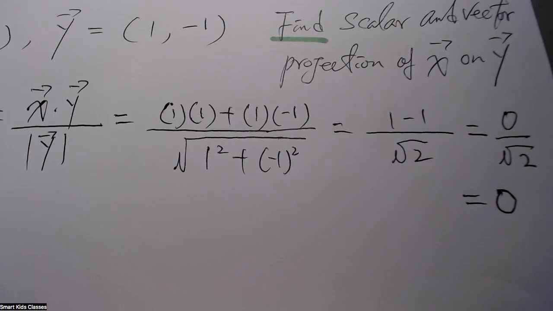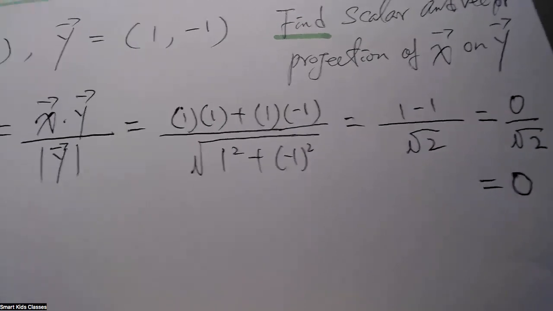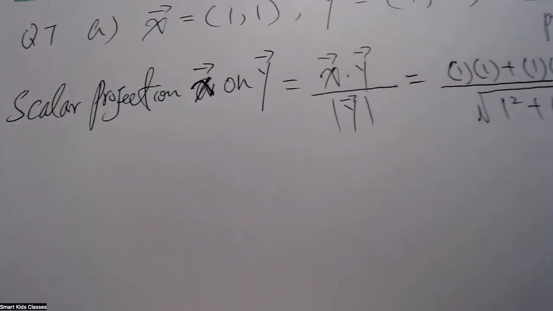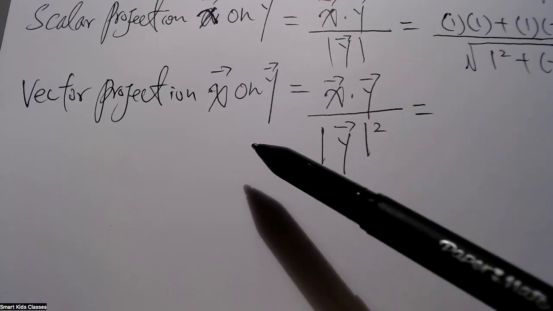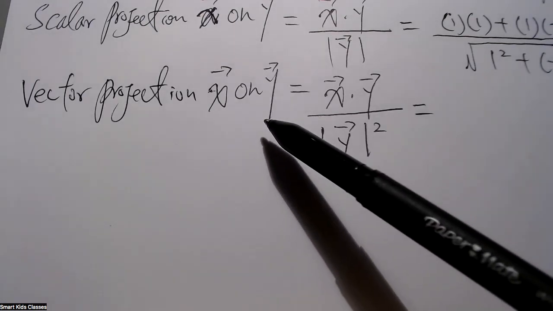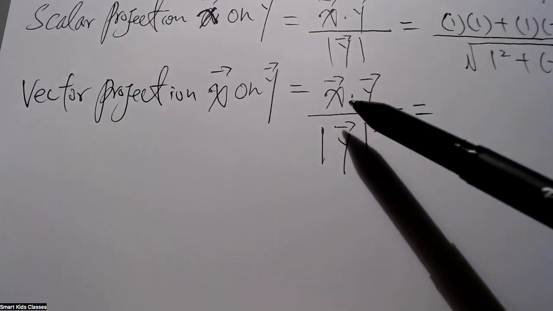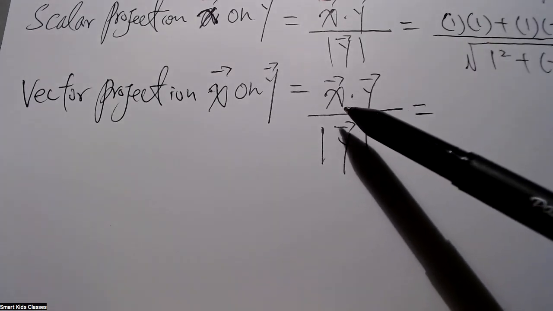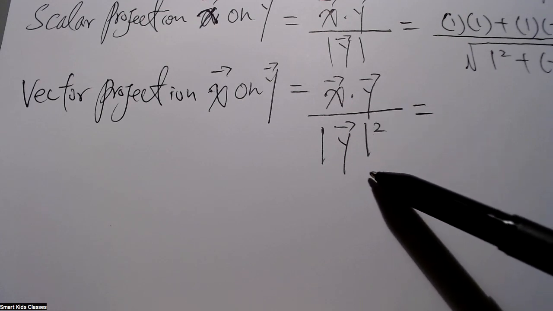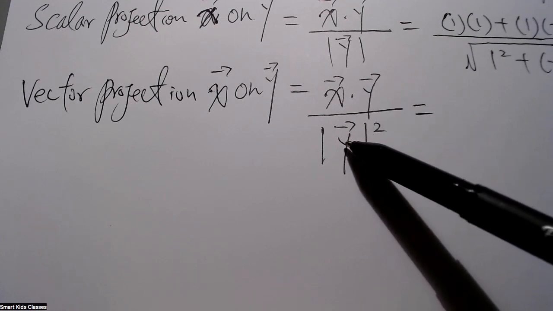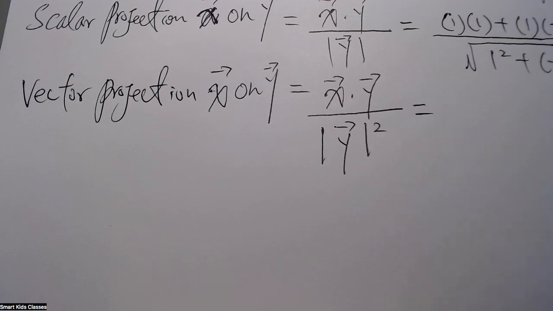Now we're going to find the vector projection. I'm going to write down the formula. The vector projection of x on y is equal to vector x dot vector y divided by the magnitude of vector y squared.